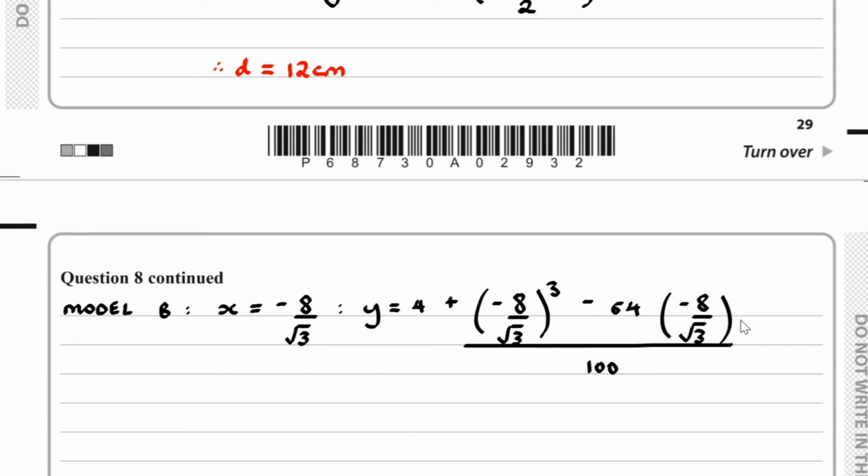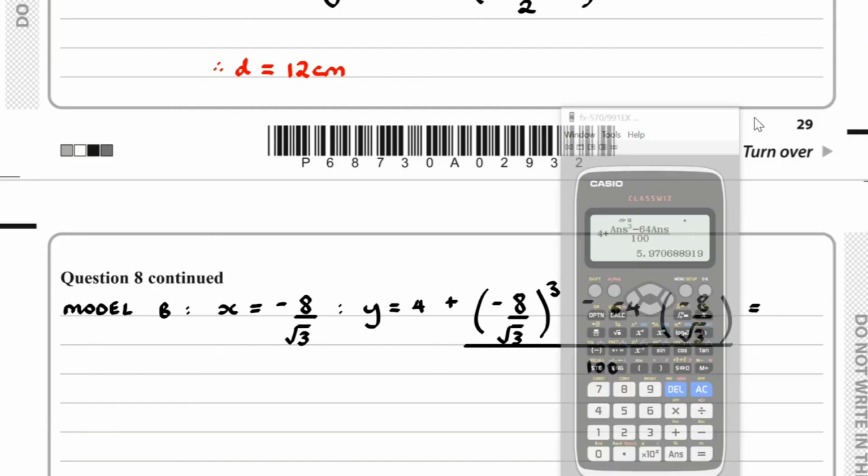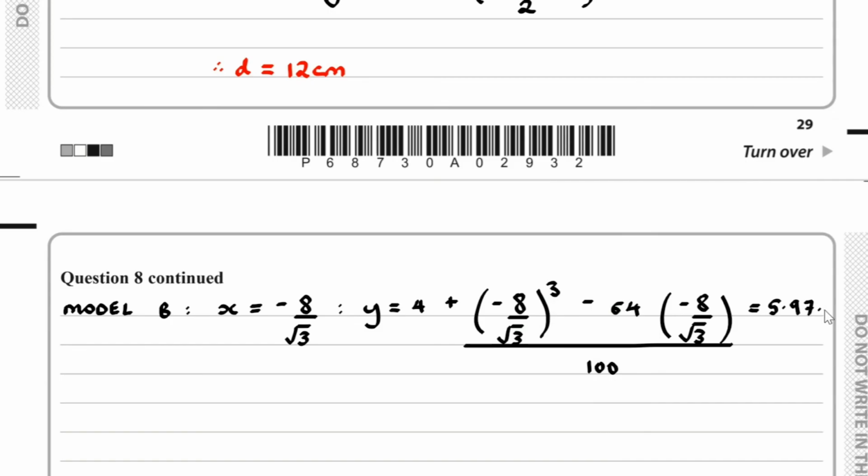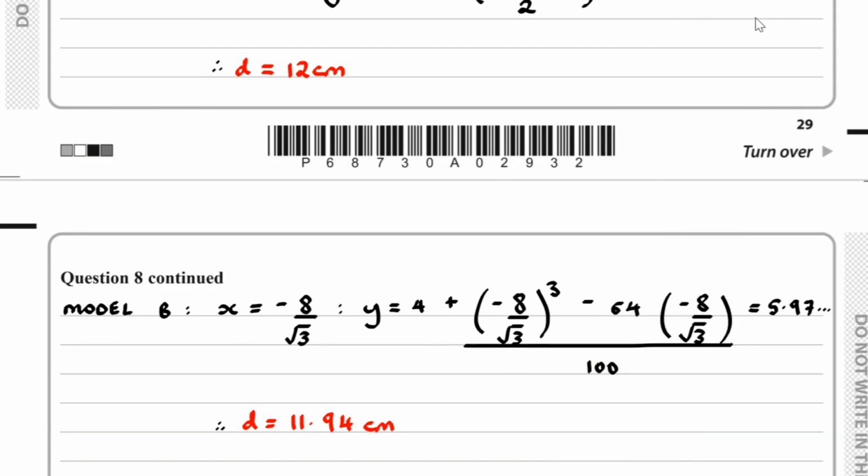So if I find out what this is equal to, I've got 4 plus this cubed minus 64 times this over 100, so I get 5.97, and so therefore what we can conclude over here is that the diameter is equal to twice this, which is 11.94 centimeters.